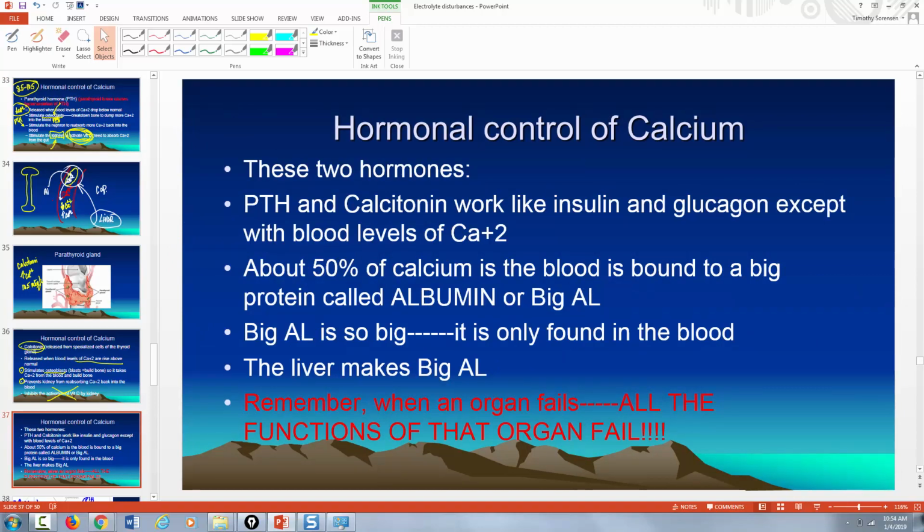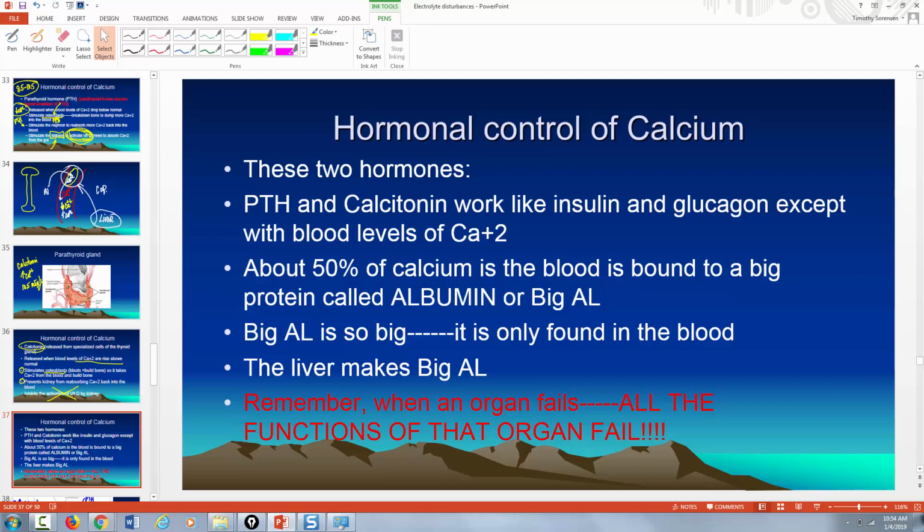All right, so watch. Parathyroid hormone and calcitonin work like insulin and glucagon, right? Insulin and glucagon control glucose levels. Parathyroid hormone and calcitonin control blood levels of calcium. And about 50% of the calcium in the blood is bound to the big protein, albumin, and the liver makes it.